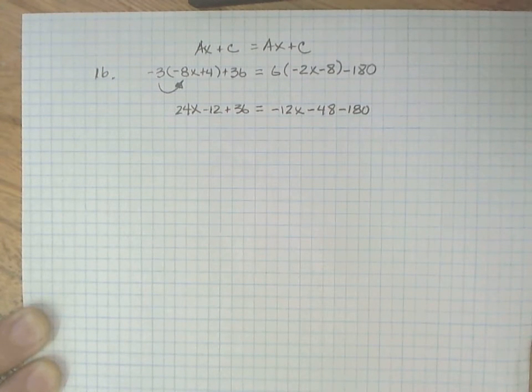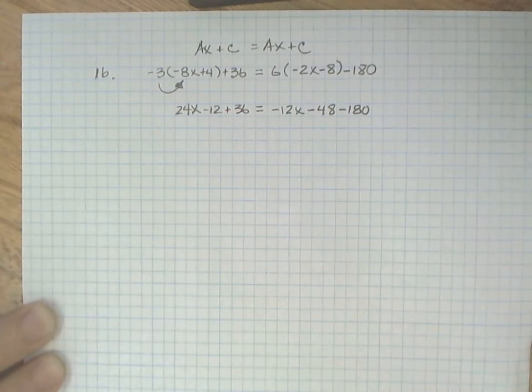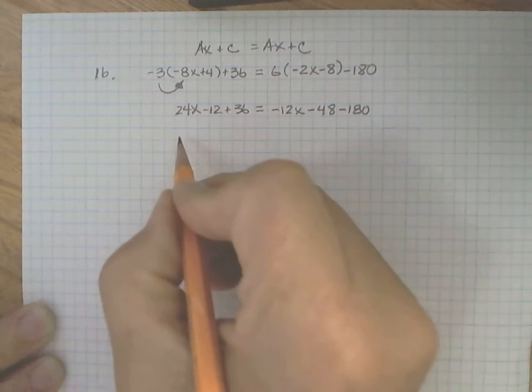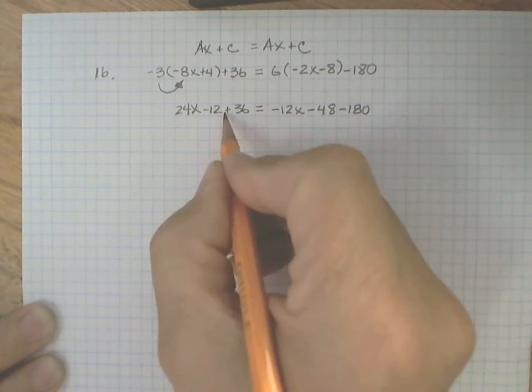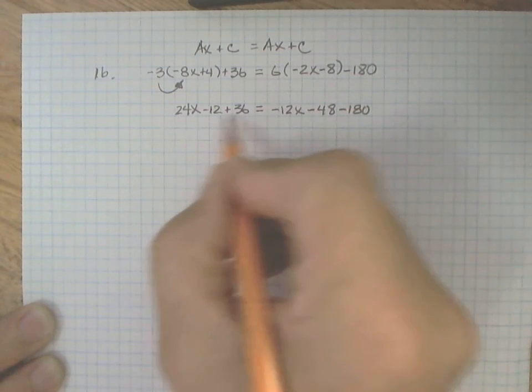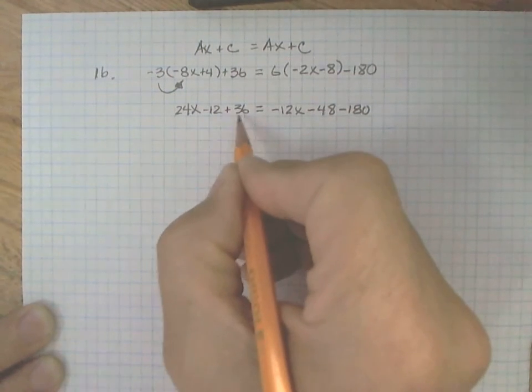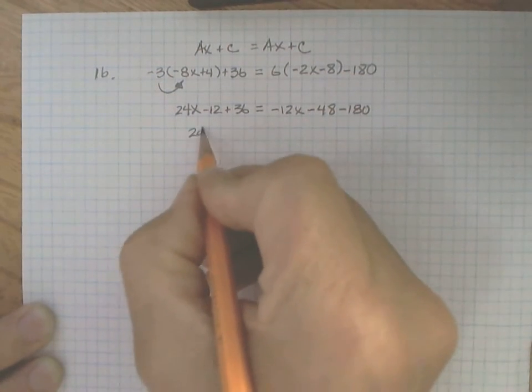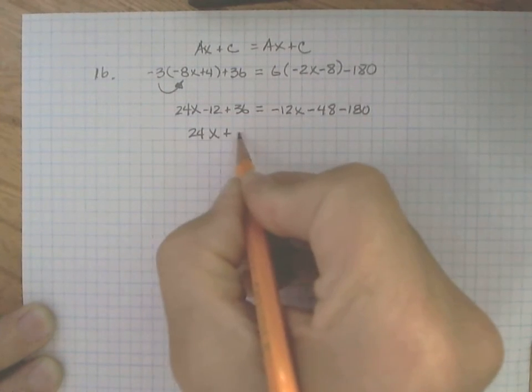Okay, now I don't think I have a calculator with me, so we'll finish this right here. I have 24x. I'm going to add these two together. That will give me 24x plus 24.